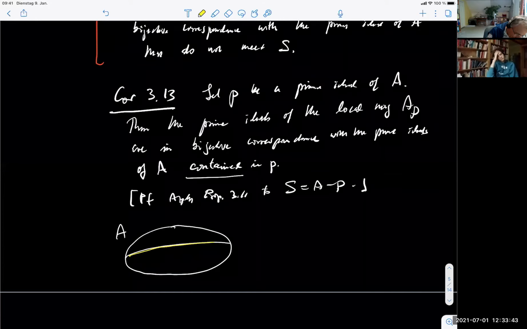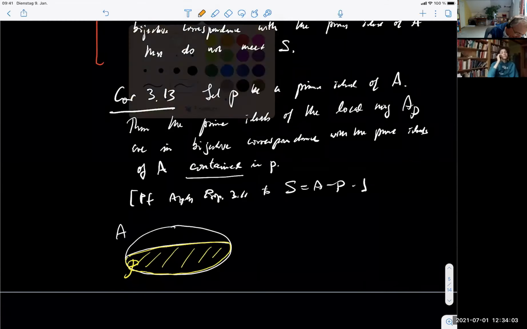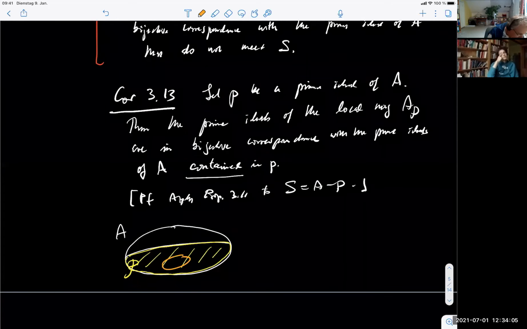This is the prime ideal P. So this is the whole thing, and this is P. Inside here, maybe I have a Q, another prime ideal.